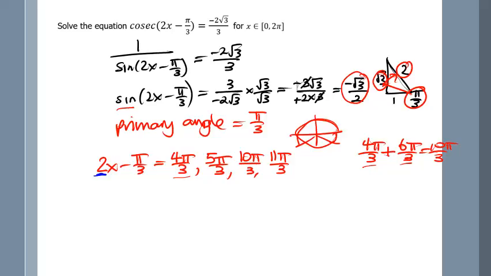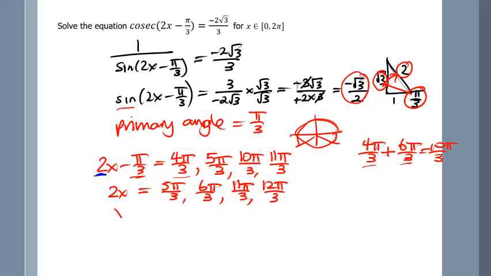Okay, so there's 2 extra solutions because we're going to divide by 2 at the end. Next, I need to bring my minus pi on 3 to the other side and add it on. So I get 2x is equal to 5 pi on 3, 6 pi on 3, 11 pi on 3, and 12 pi on 3.